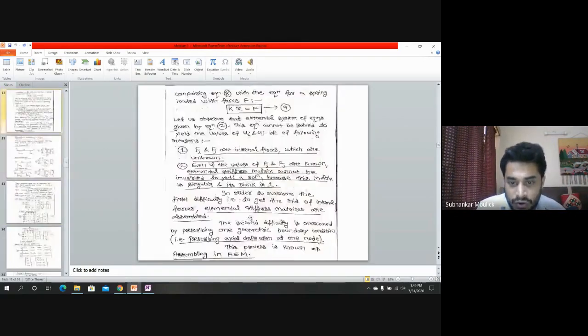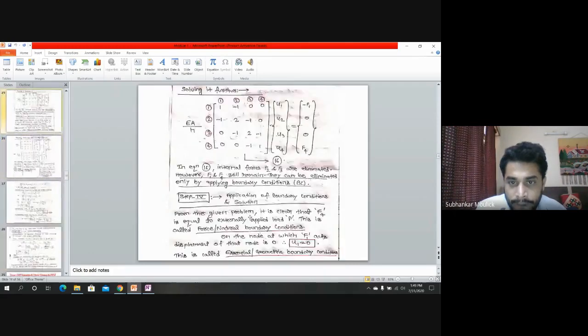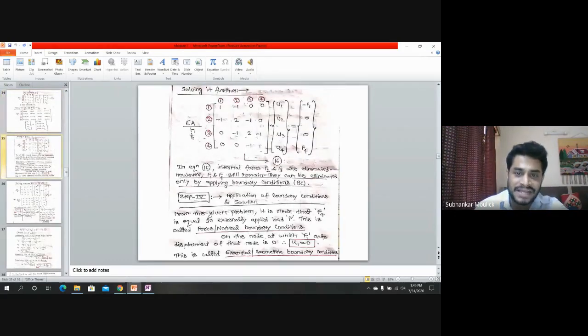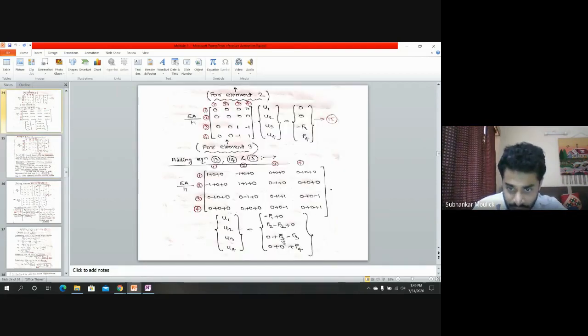So my resulting equation becomes, after solving this matrix, EA by h times a 4 cross 4 matrix: 1, minus 1, 0, 0; minus 1, 2, minus 1, 0; 0, minus 1, 2, minus 1; 0, 0, minus 1, 1, into the column matrix U1, U2, U3, U4, equal to minus F1, 0, 0, F4.